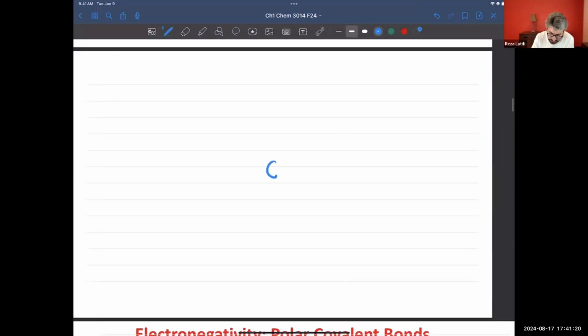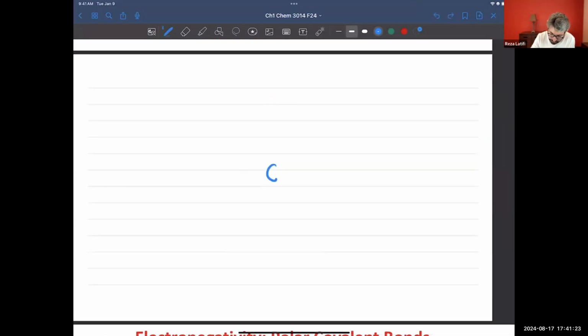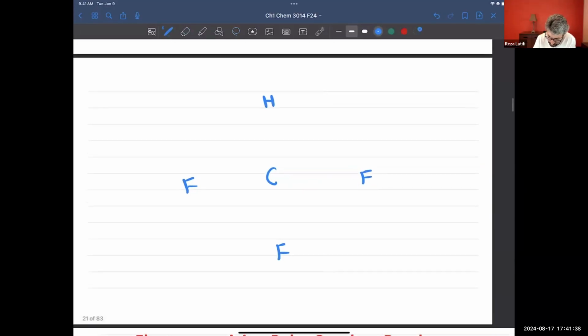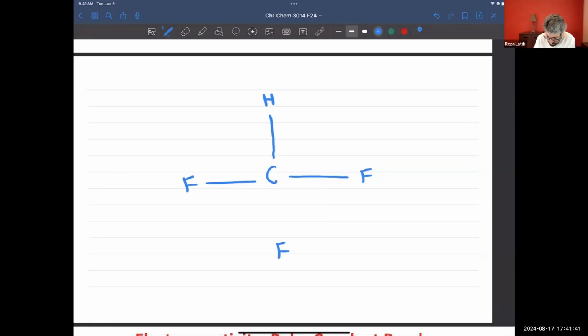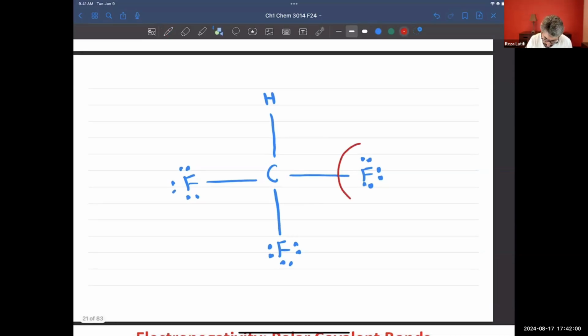Remember, we had carbon and 3 fluorines. I'm going to connect them. Each fluorine had 3 lone pairs. So, another method for finding formal charge: draw a circle around each element.